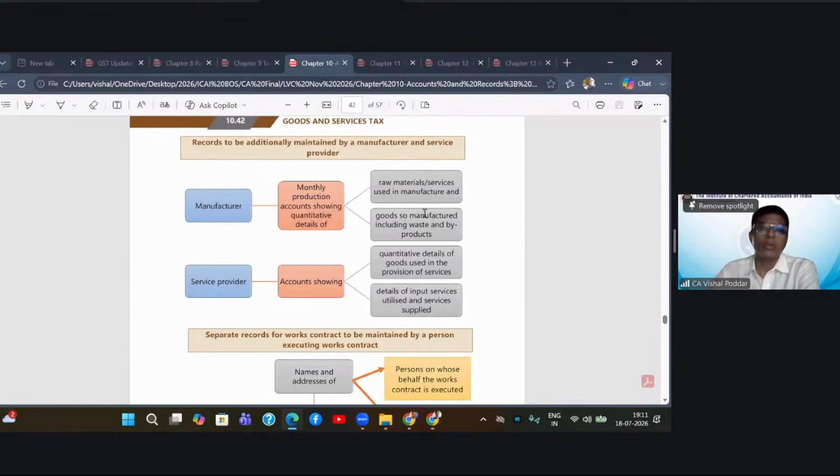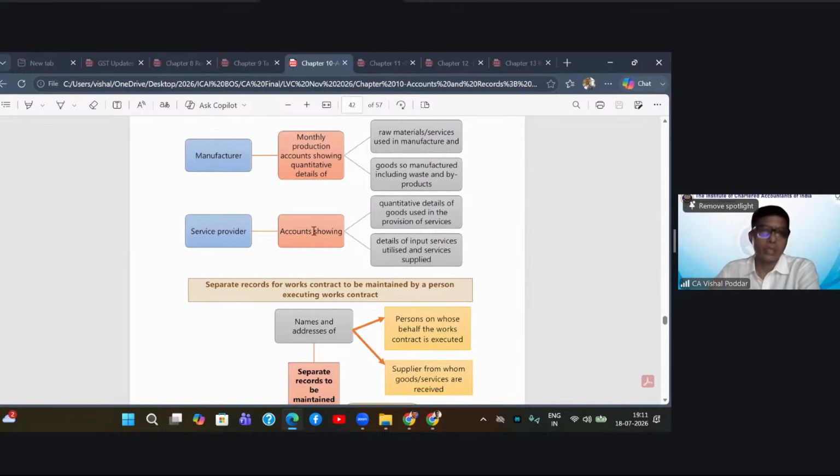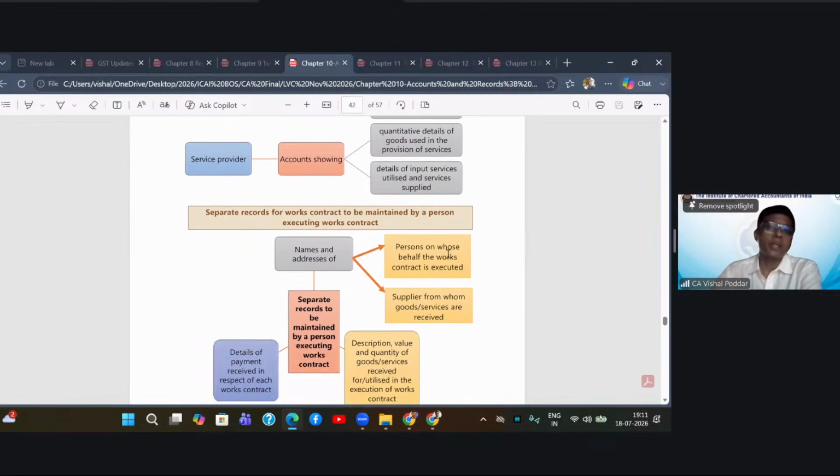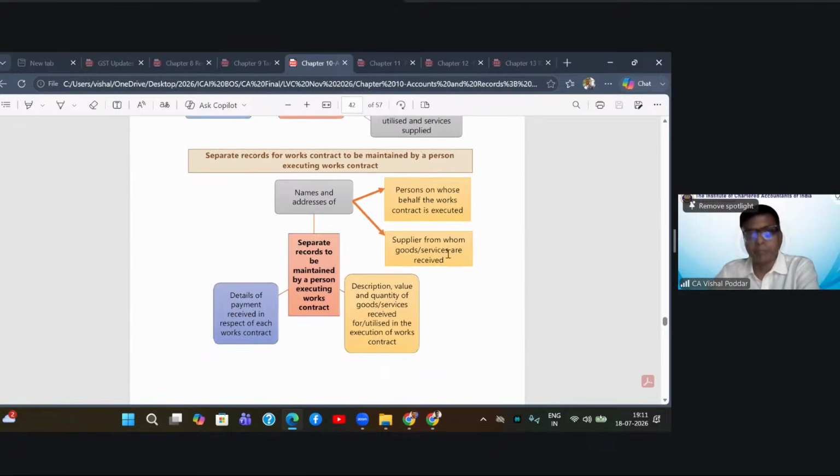Then goods which are manufactured plus goods which may have become waste or byproducts. A service provider also has to maintain details showing quantity of goods used in the provision of service. Similarly, details of input service utilized and the final service provided.